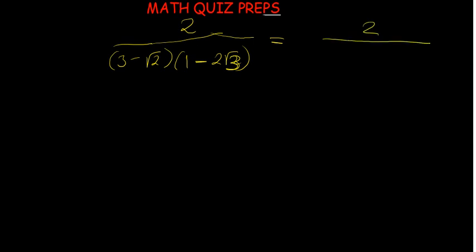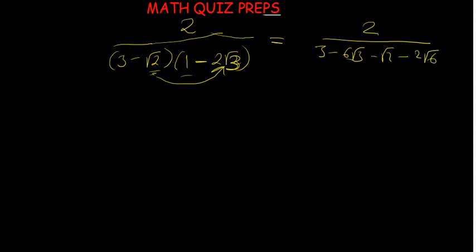So we are distributing 3 by the 1, that will be 3. 3 by the 2 which is there will be 6 root 3. And then this 2 by this 1 will be negative root 2. And then this 2 by this portion will give us 2 root 6.